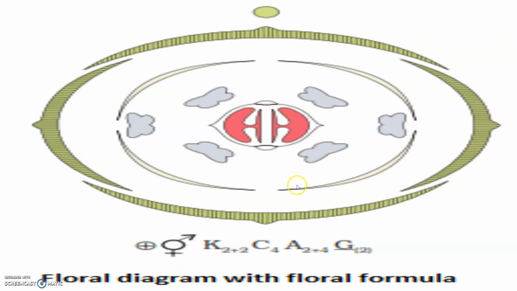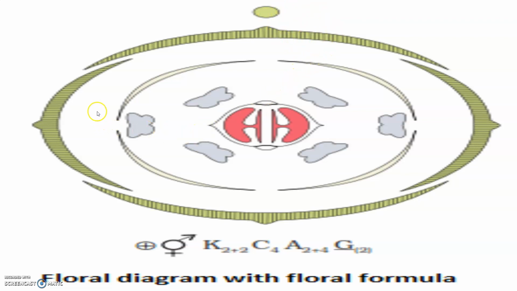This is a floral diagram. The floral diagram provides information about the number of the parts of the flower, their arrangement, and the relation they have with one another. The position of the mother axis with respect to the flower is represented by a dot on the top of the floral diagram.